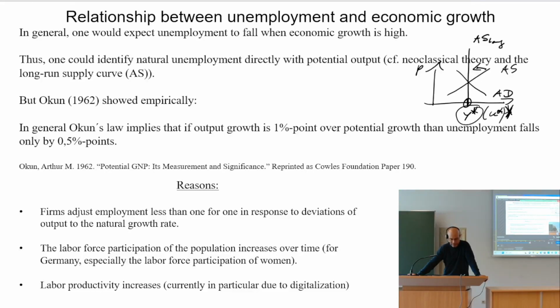Well, and Okun just looked at data of the United States, and what he roughly found is that if the economy is growing with 1% larger than the potential output, then unemployment falls by 0.5 percentage points.